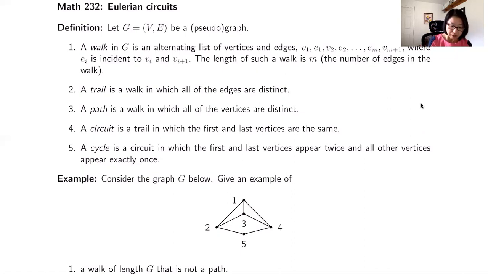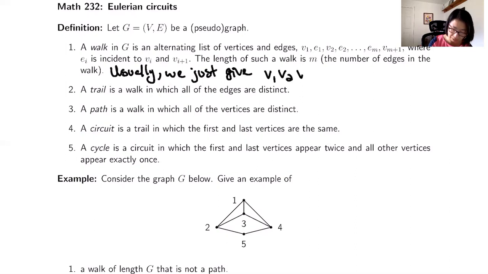Of course, in the book, especially if there aren't multiple edges, usually instead of giving this alternating list of vertices and edges, we just give V1, V2, V3, up to V(m+1), and the edges are implied.